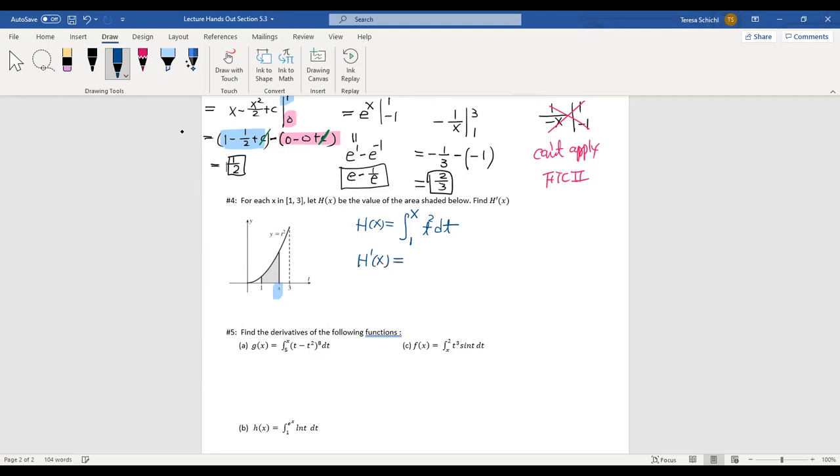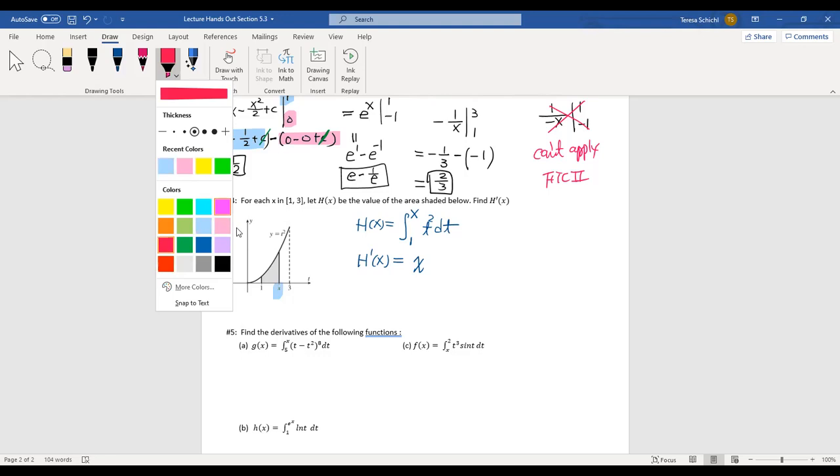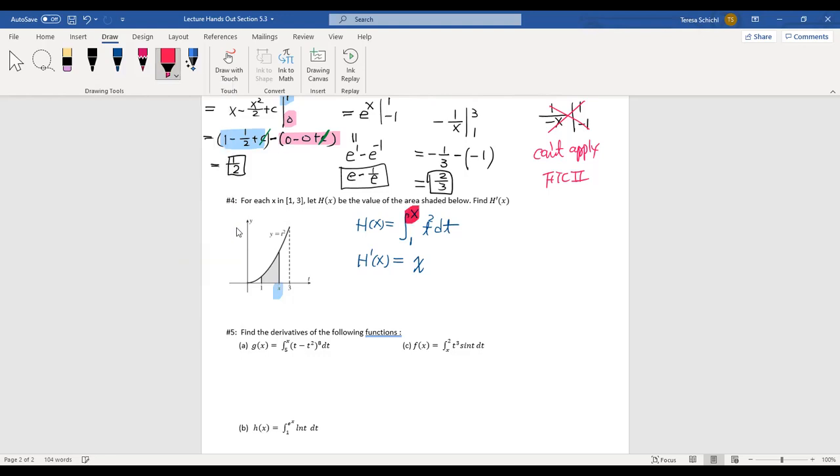This one is integration, and then I'm taking the derivative, so we know what happens here. It cancels out, right? So h prime x will just be you replace this value into your function. So what is the final answer? x squared here.